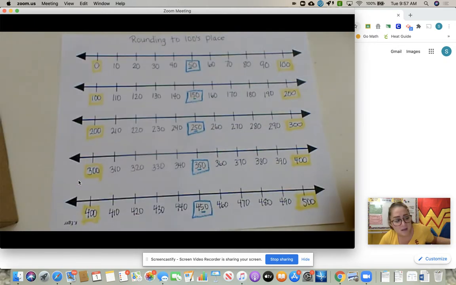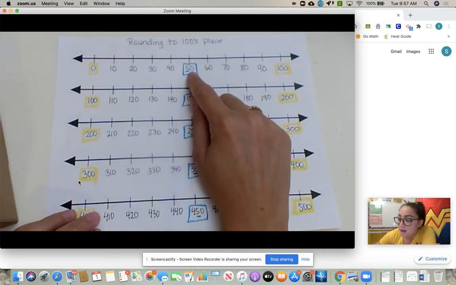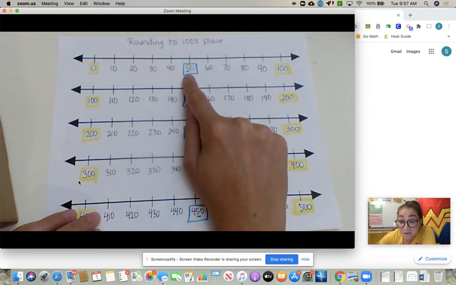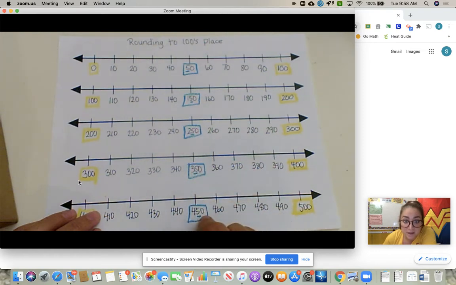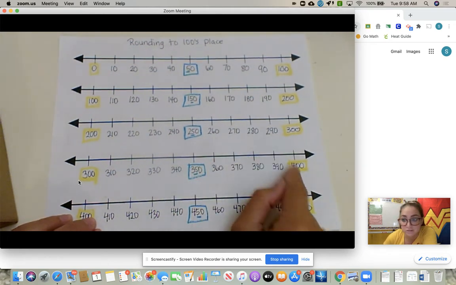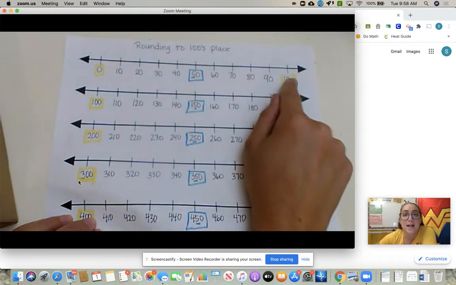So when we're rounding to the hundreds place, there's not a 5 in the ones. The 5 is now in the tens place. So when there's a 5 in the tens place, that's where we box blue. That's our midpoint. And then we also discussed if there's a 5 in the tens place, you automatically just round up.